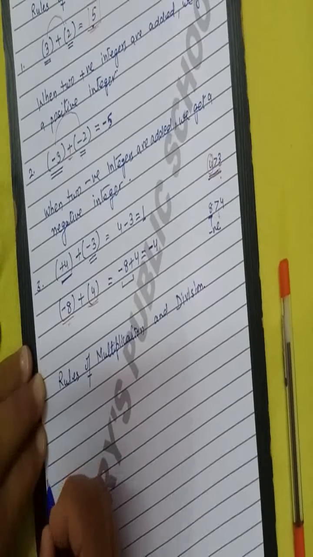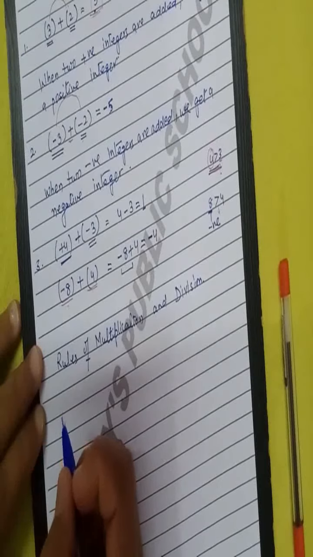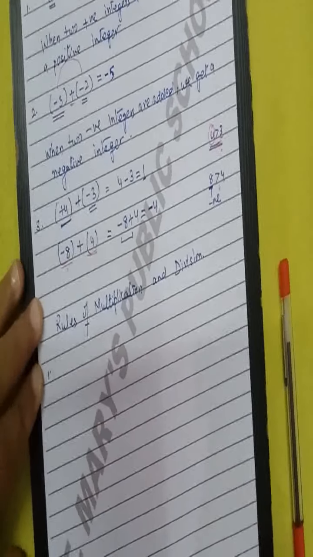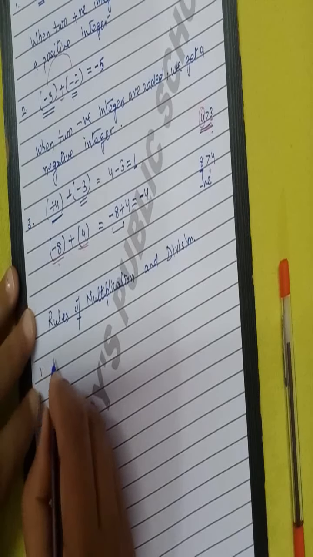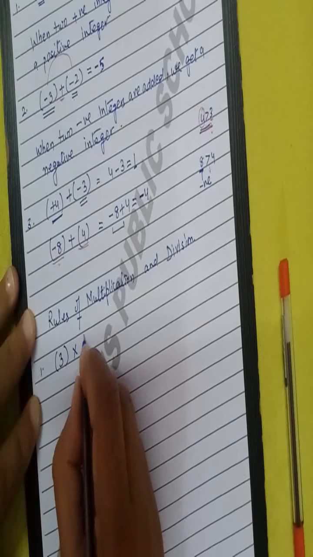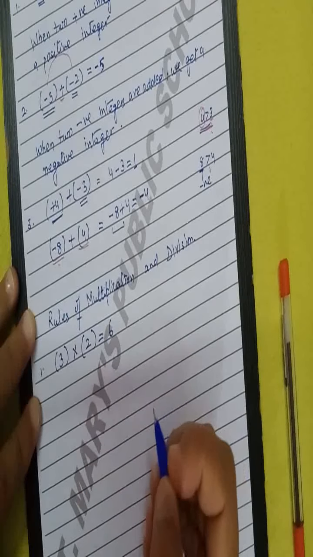We'll start with multiplication. I'll again explain with the help of an example. Suppose we are taking two integers with the same sign, 3 multiplied by 2. Is the answer positive or negative?